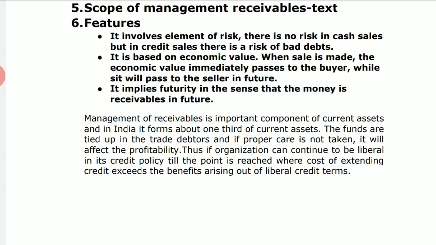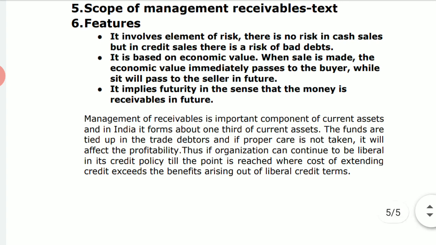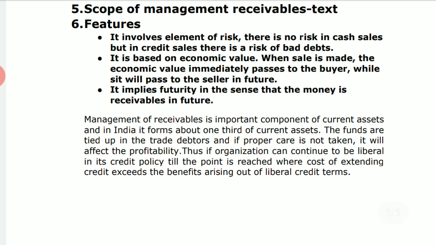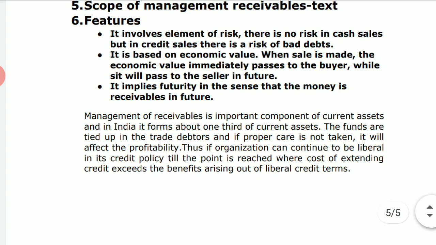Next, it should estimate the investment in receivables. For the standard average investment in account receivables, the firm should find out the average collection period and measure it in terms of cost. That means for this much amount of account receivables, this is the average collection period and this is the cost. That means this much will be the cost generated.